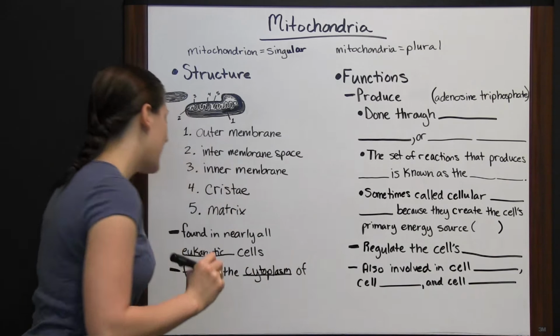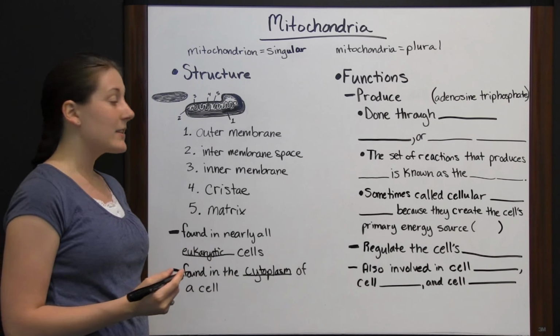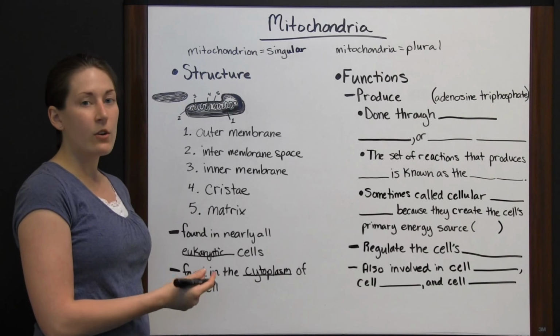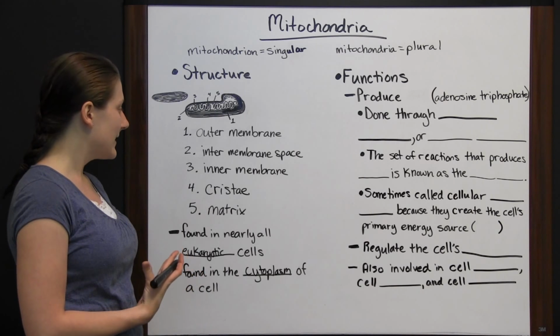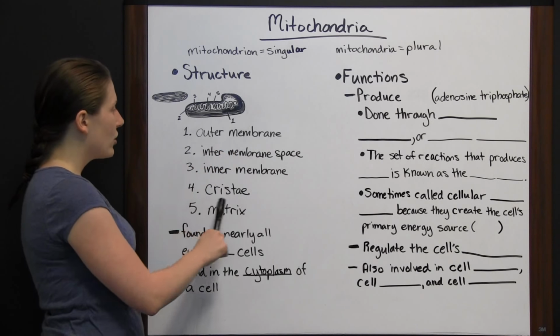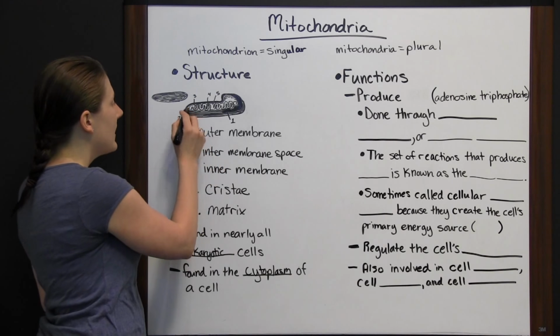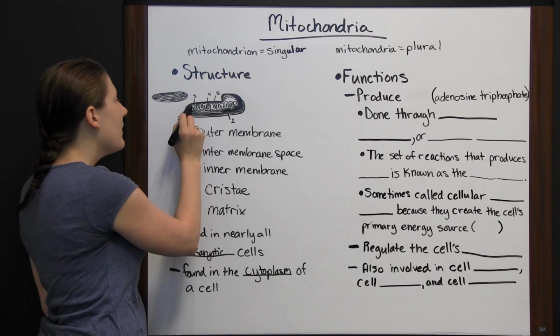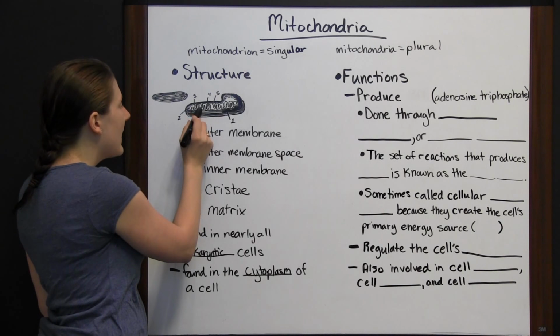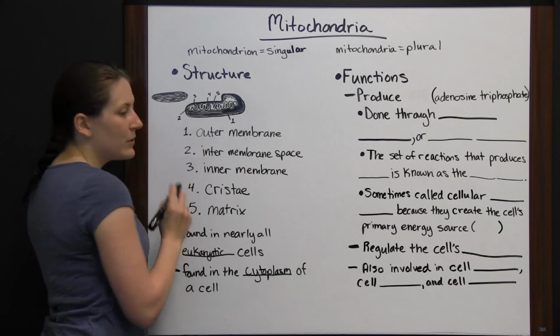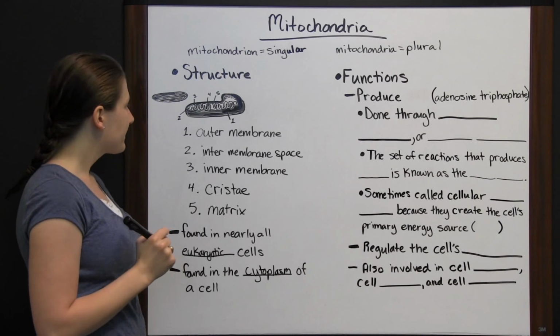So you will see mitochondria floating around in the cytoplasm. And you could have one or you could have lots of mitochondria. It kind of depends on how big the cell is. But the basic structure is going to be outer membrane, intermembrane space, inner membrane surrounding the matrix with the cristae forming in the folds between that inner membrane.